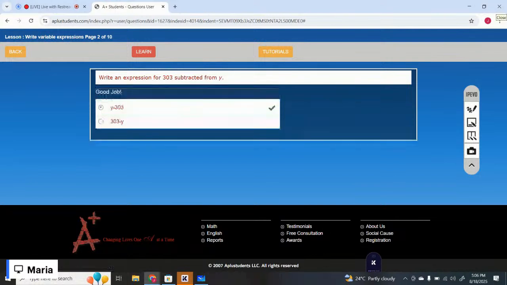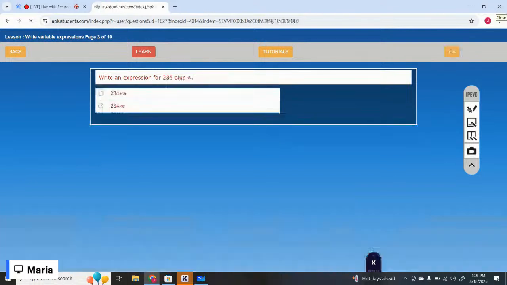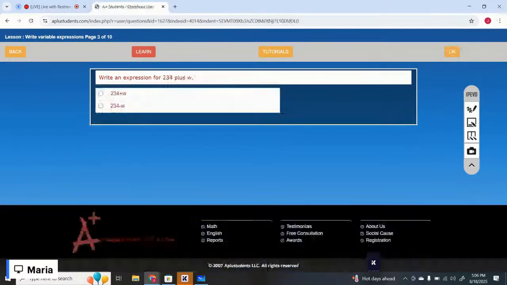Option number 1 is the correct option. Write an expression for 234 plus W. So which is the correct option? That is W plus 234. Option number 1 is.